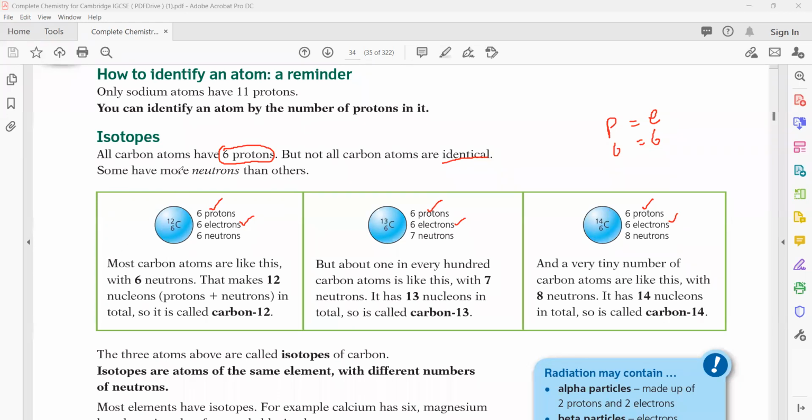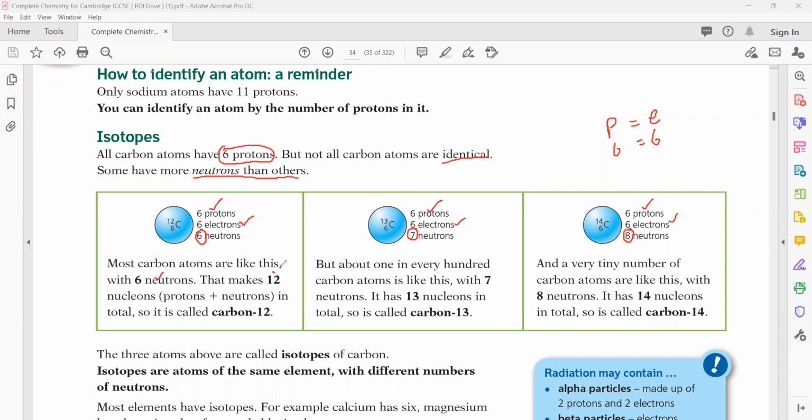Some have more neutrons than others. Look, here you have 6 neutrons. Here in this carbon atom, 7 neutrons. Here in this carbon atom, 8 neutrons. Now, what do we understand from this? Most carbon atoms are like this with 6 neutrons.